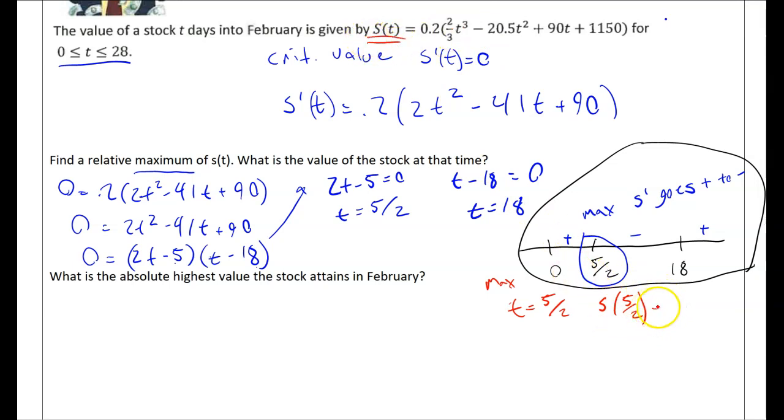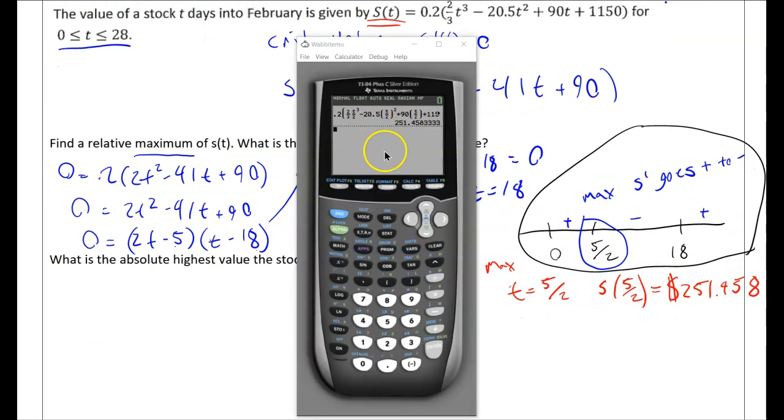So I'm going to plug it back in there, and that spits out, and this I'm just going to do in my calculator, 251.458. And what I did here, just to be clear, is I took my original function, and every time I had a t, I took it out and put in that 5 over 2 that we got as our maximum to get that value. So $251.46, we would say, is the relative maximum price.